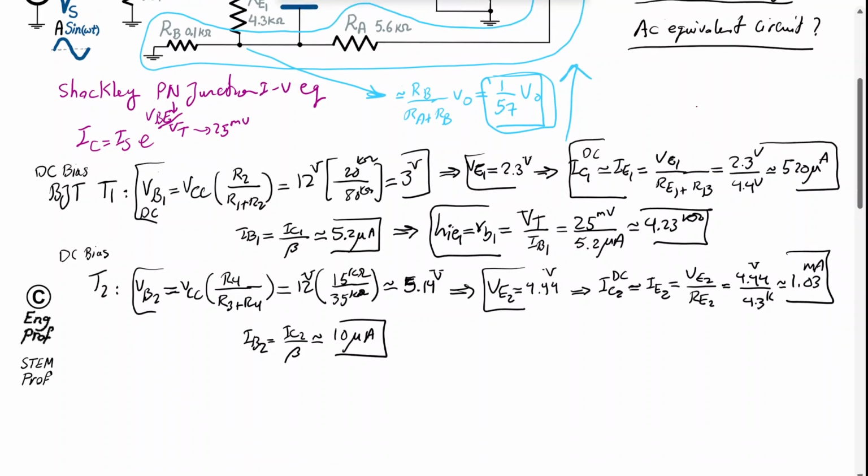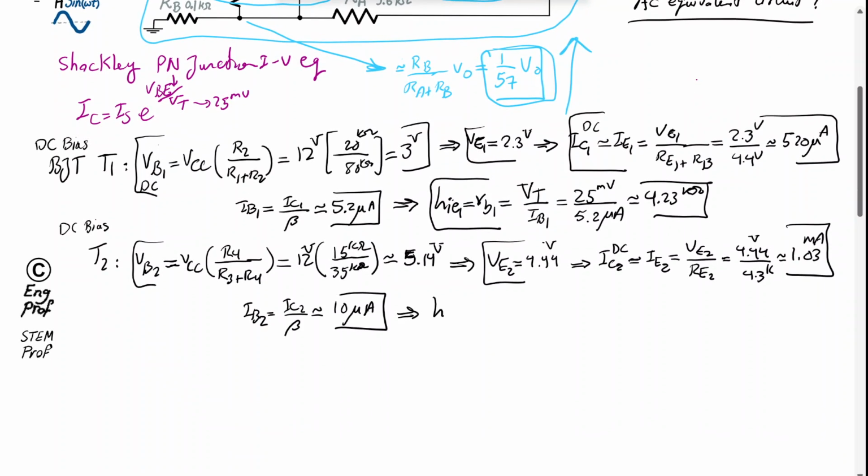Okay, so with that, I can say the AC analysis for the AC hybrid parameter HIE2, what is referred to as RB2, is equal to the thermal voltage divided by the DC current of the base, which is 25 millivolt divided by, in this case, 10 microamp, and that will give us the RB2 or HIE2 for the second BJT transistor of roughly 2.5 kilo ohm.